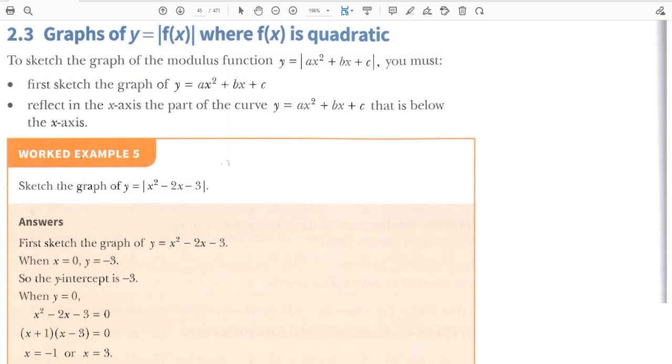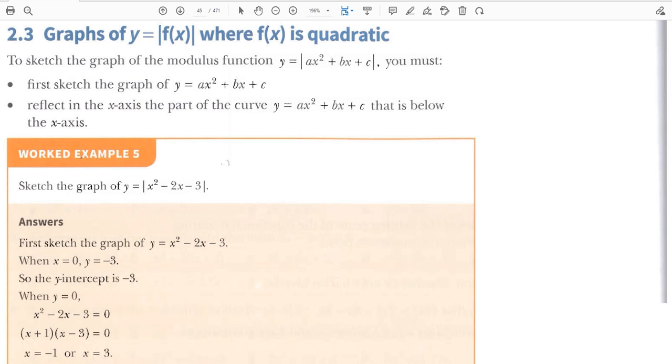Students, in previous exercises we have already learned how to draw the graph of y equals f(x), where f(x) is linear. But in this case, f(x), or you can say the given function, is quadratic. What is a quadratic function?